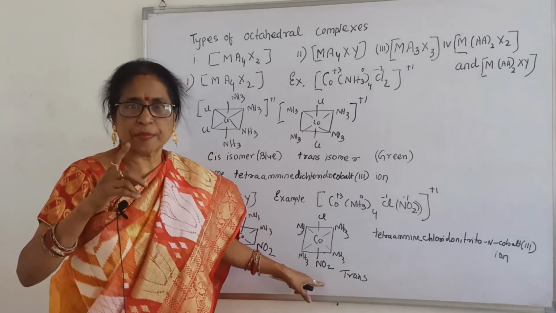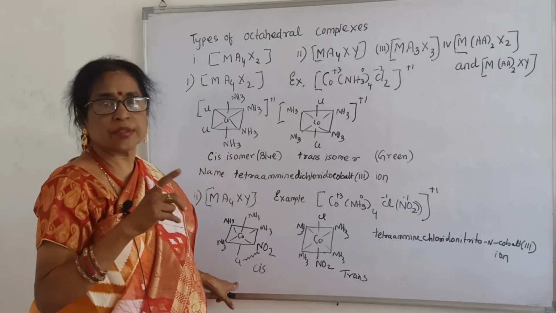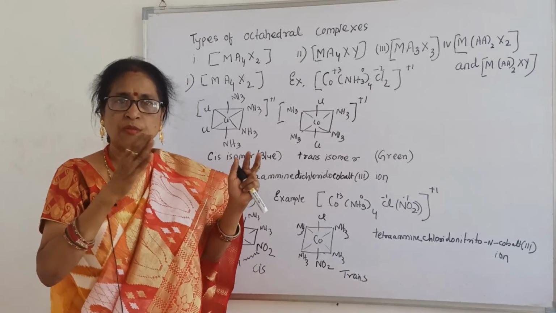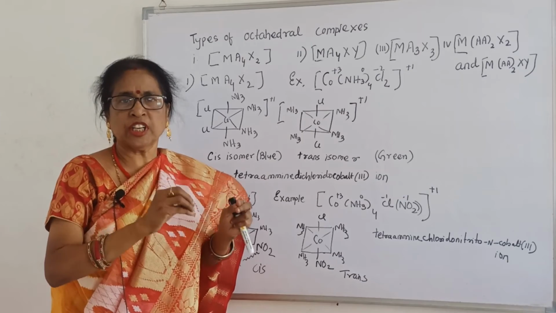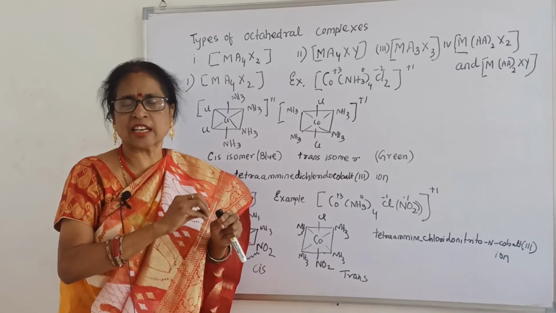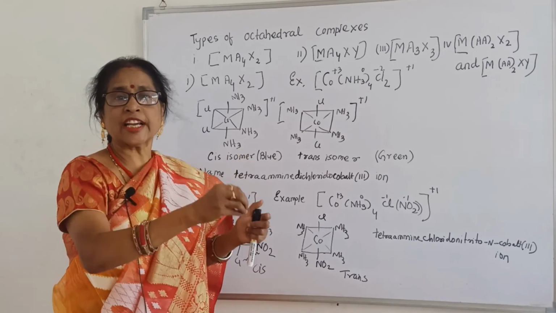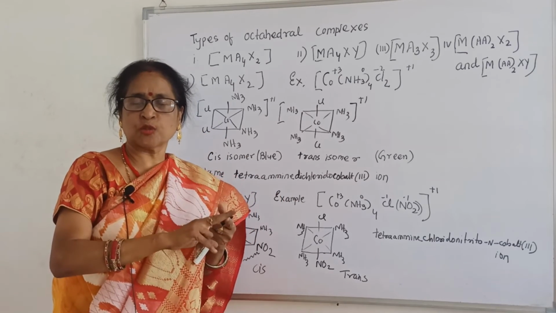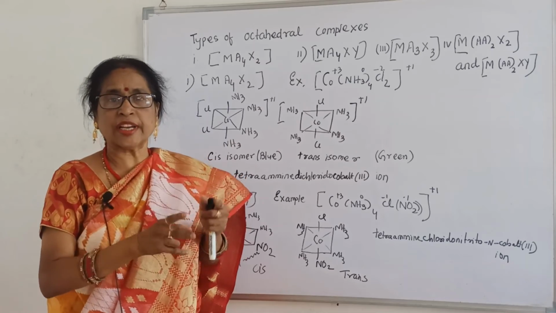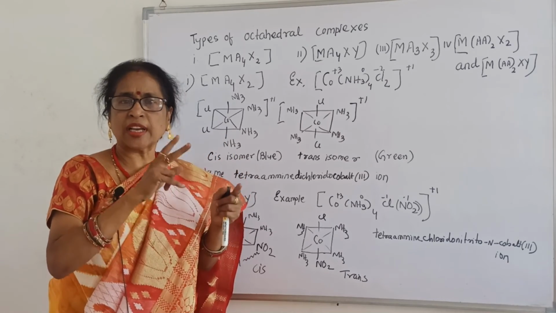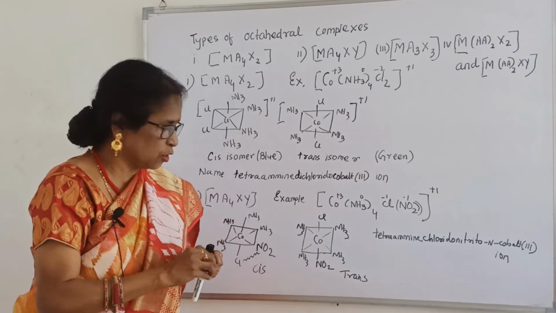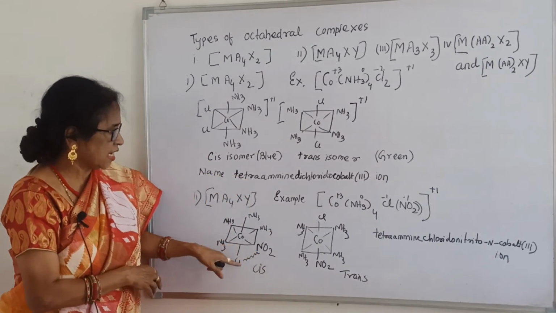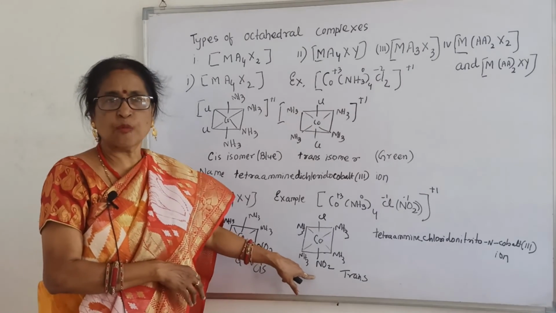This is the form of trans, this is the form of cis. Remember, if two are different and all four are the same, the four ligands are not so important to indicate cis and trans. Only the ligands, whether X2 same ligand or XY different ligand, the XY ligands are responsible to show cis and trans. Cis is like this, trans like this.